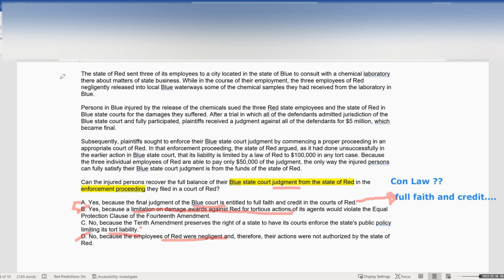The fact pattern goes, the state of red sent 3 of its employees to a city located in the state of blue to consult with a chemistry laboratory there about matters of state business. This is confirming that we're probably in constitutional law.